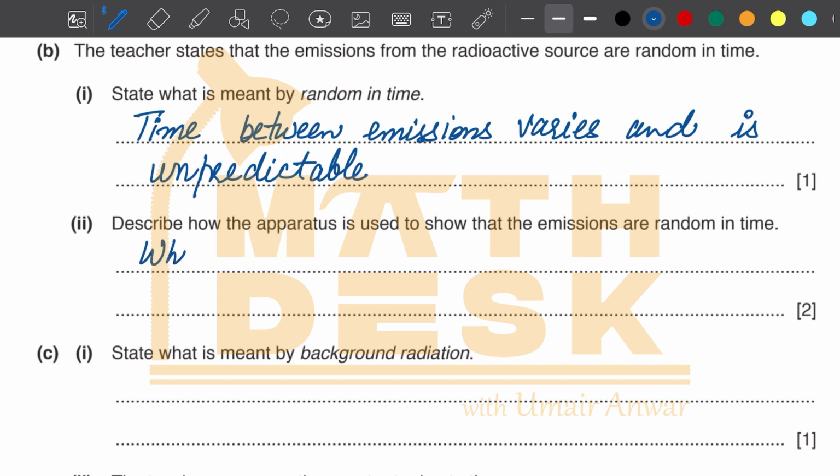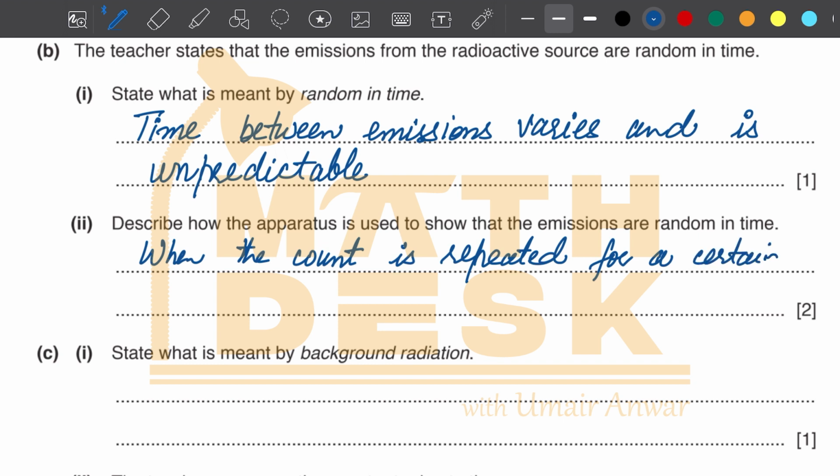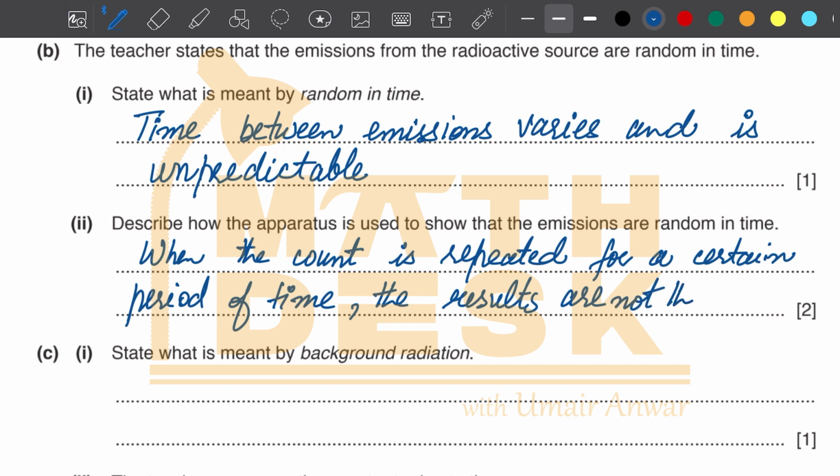So when the count is repeated for a certain period of time, the results are not the same.